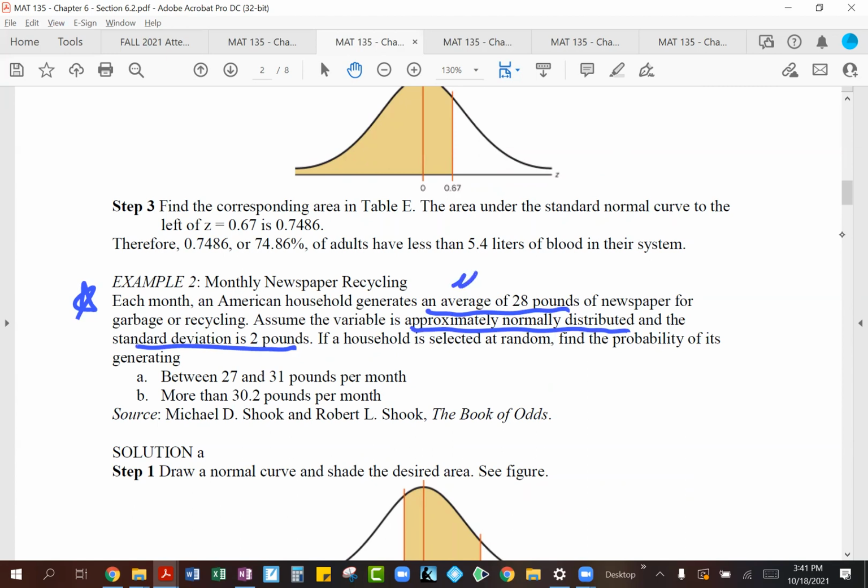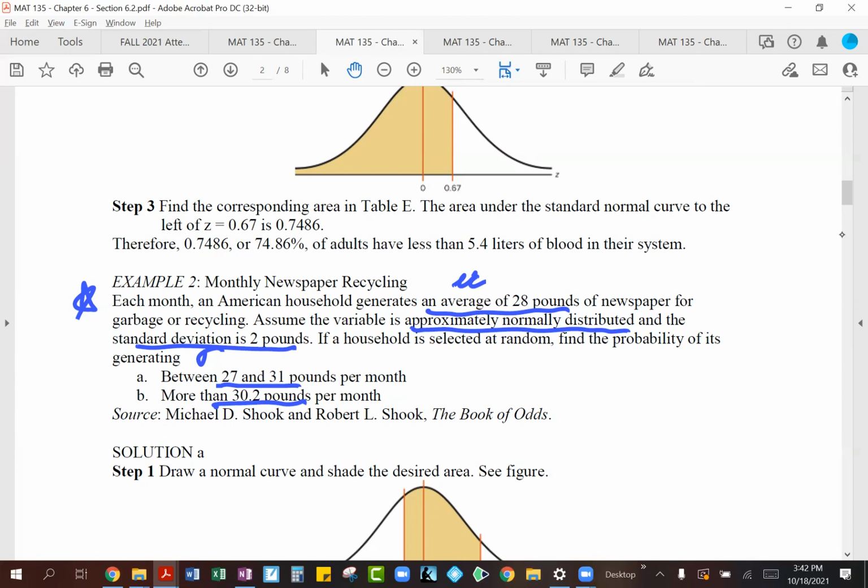So your average, of course, in this case would be the mean. Standard deviation, they're telling us it's approximately normally distributed, and they're saying if a household is selected at random, find the probability that the household is generating between 27 to 31 pounds of newspaper per month, or more than 30 pounds of newspaper per month.